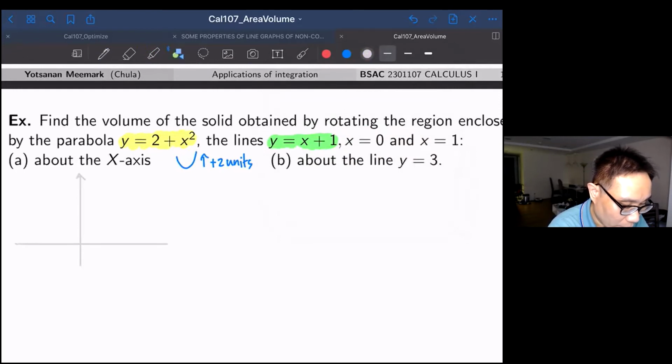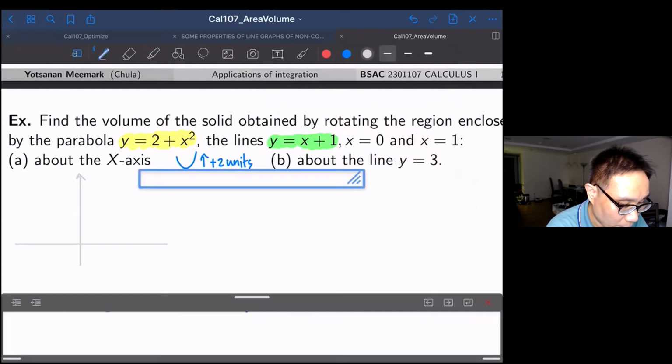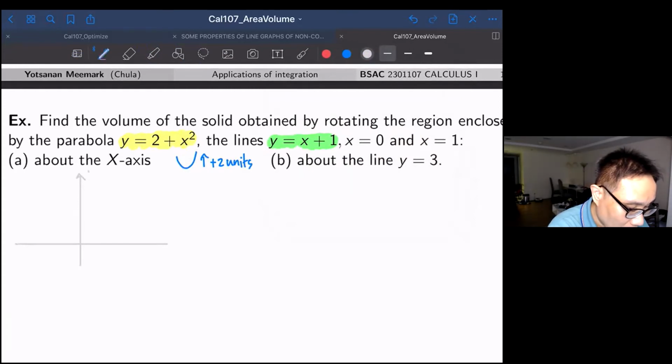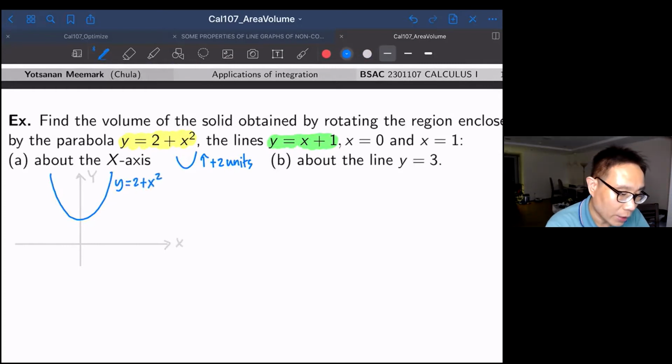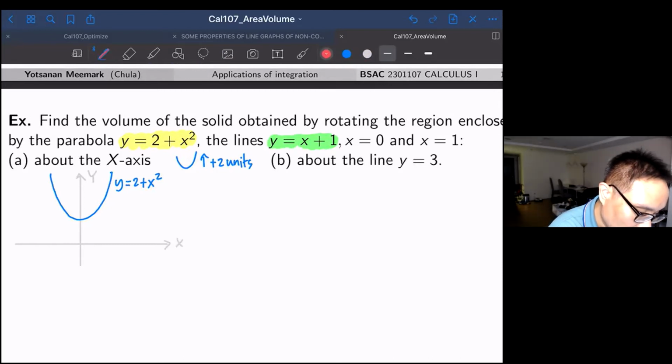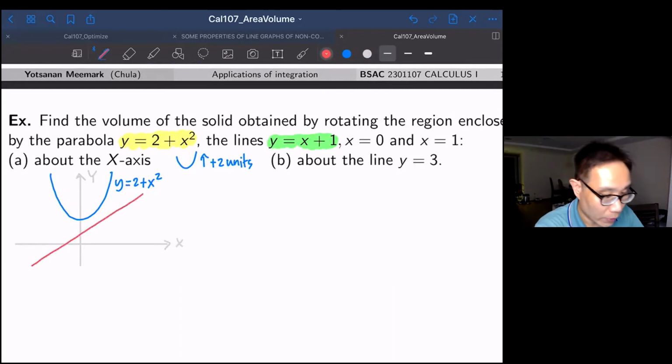Okay, so you have y and you have x. You have y equal to 2 plus x squared, so this one will be like this, and you have y equal to x plus 1. So it gives you a straight line like this.